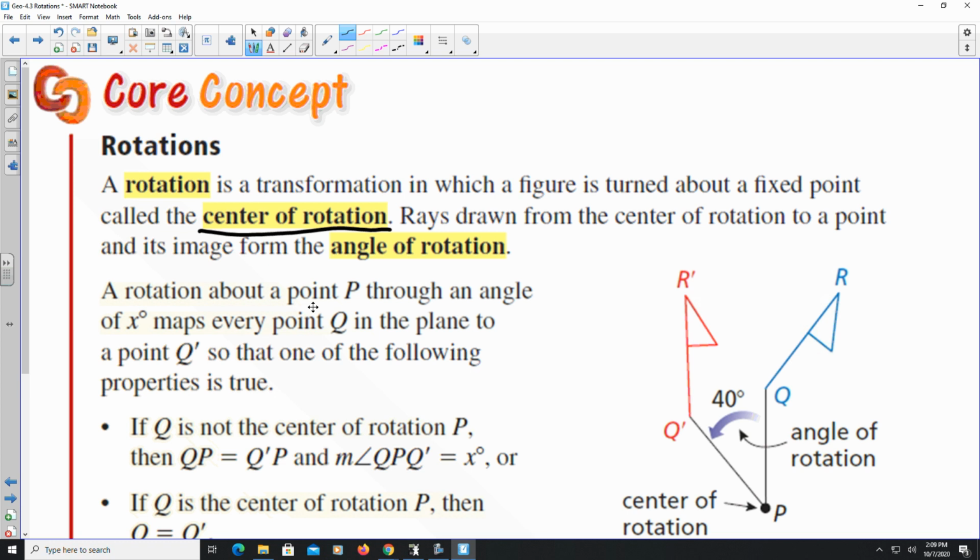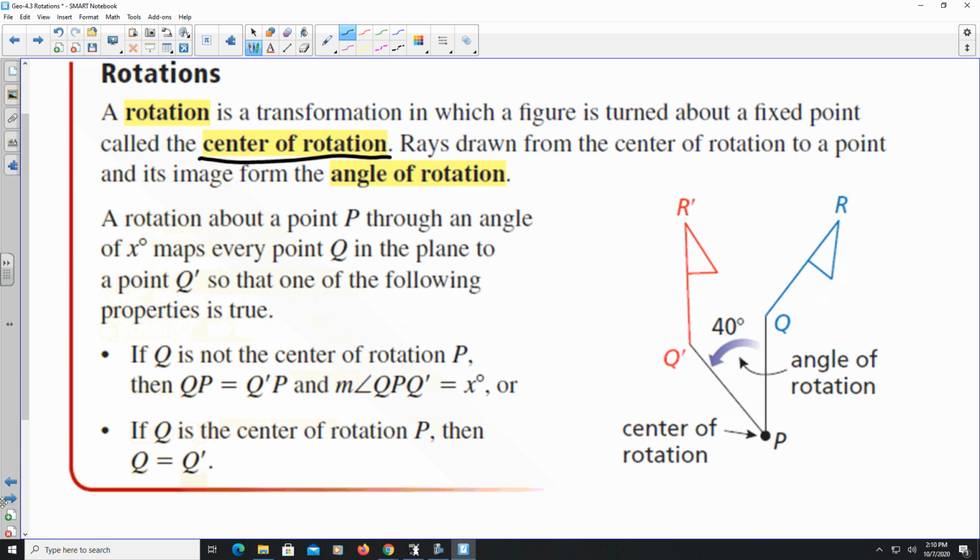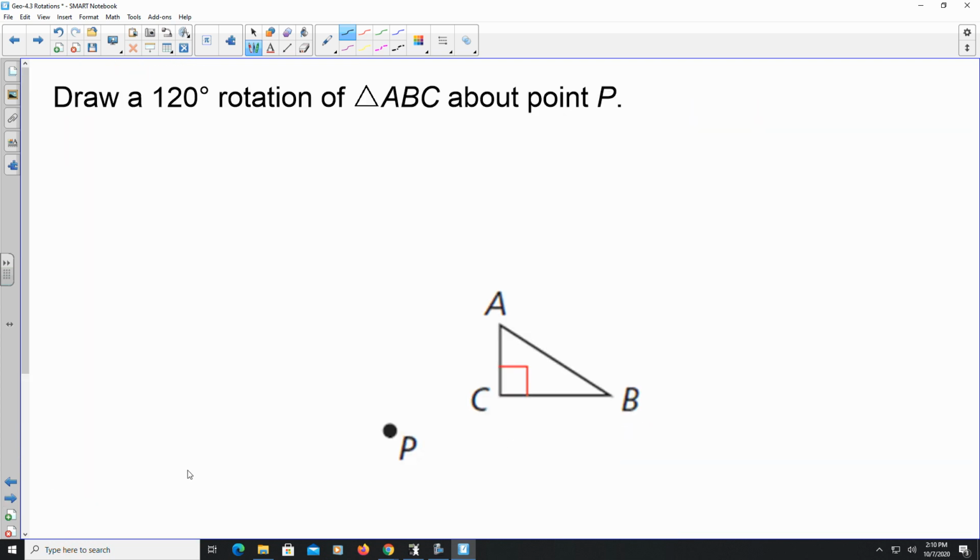But when it comes to rotation, you are still keeping the integrity of the shape. The shape doesn't change. You're just rotating it off of that specific point.